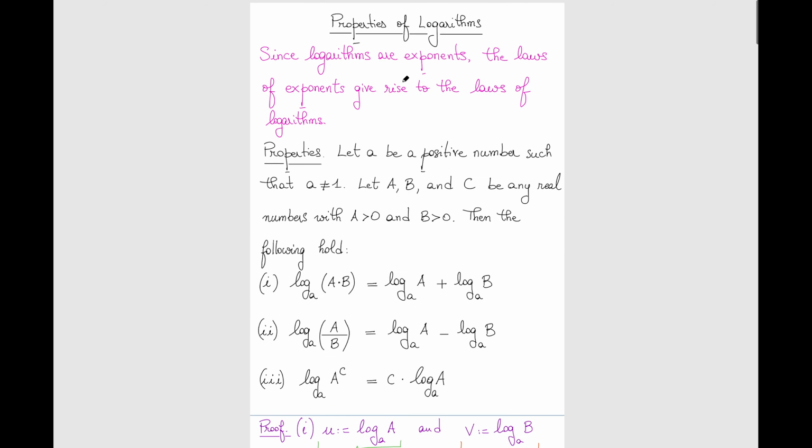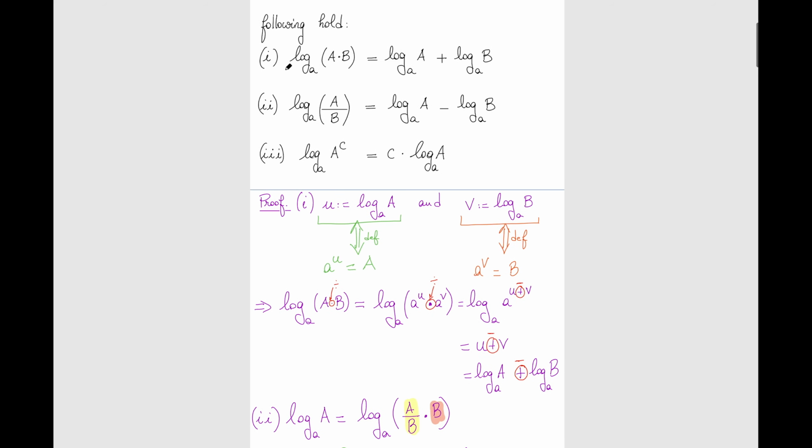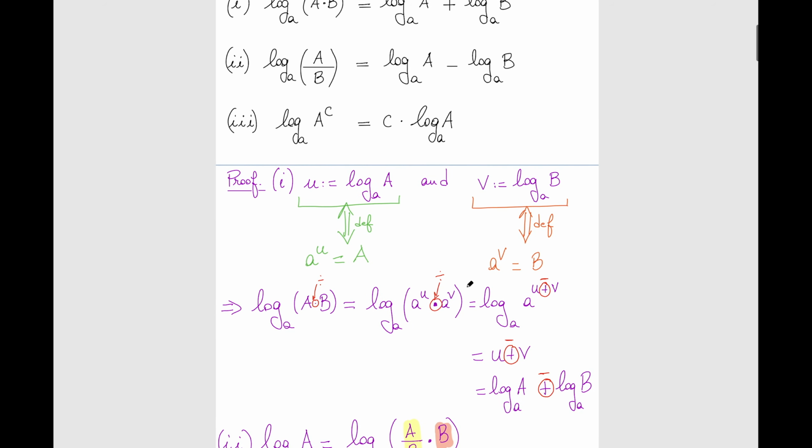So you see, as I said, since logs are exponents, we're going to rely on the laws of exponents to derive the laws of logs. And for property 1, which property of exponents did we use? It's right there. We are multiplying two exponential expressions, we add the powers. For part 2, we showed it in 2 ways. One of the ways was we used the division of two exponential expressions with the same base. So we subtract the exponent of the denominator from the exponent in the numerator.